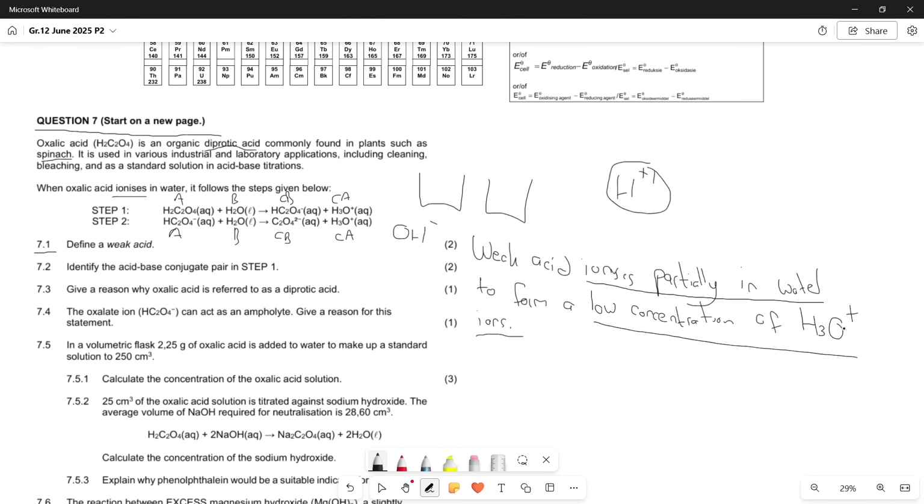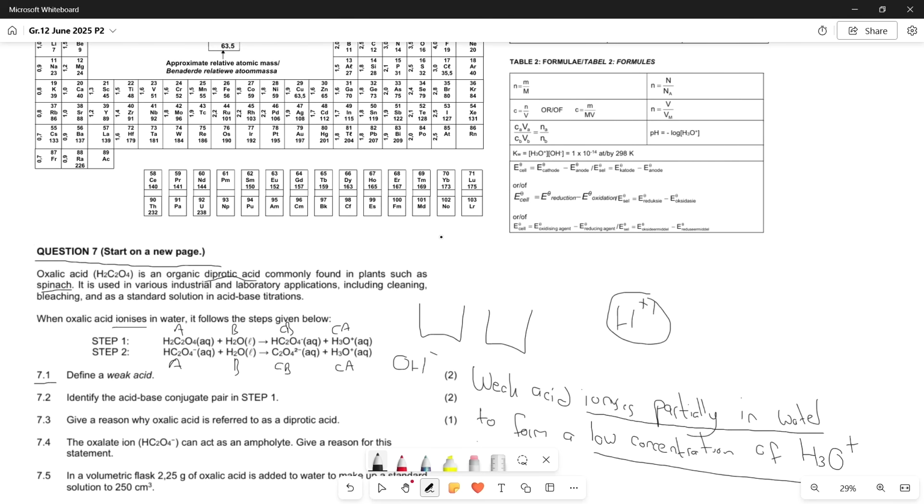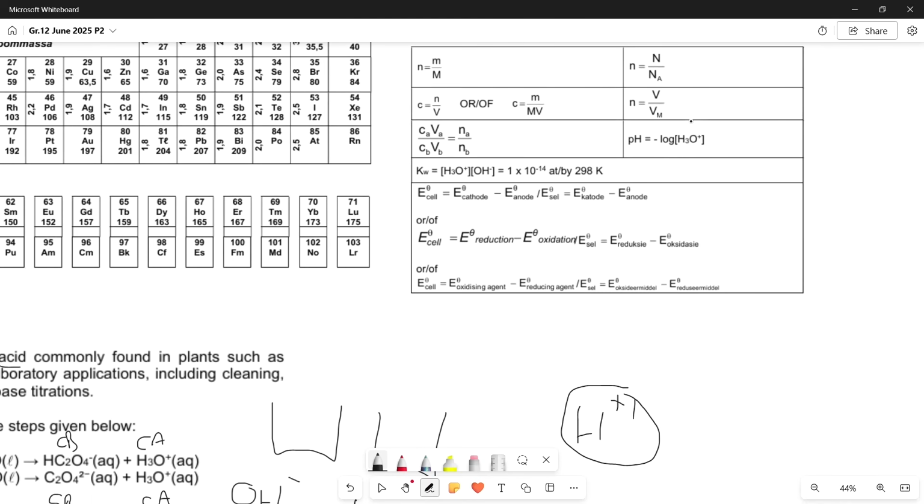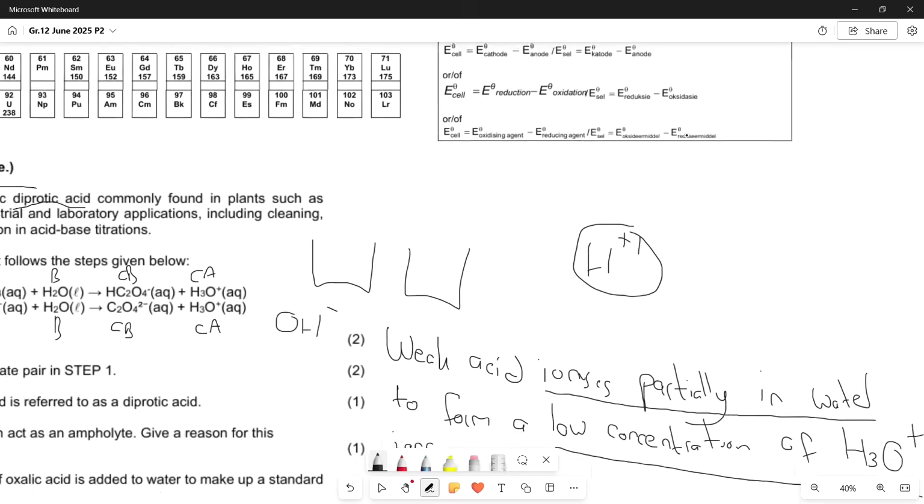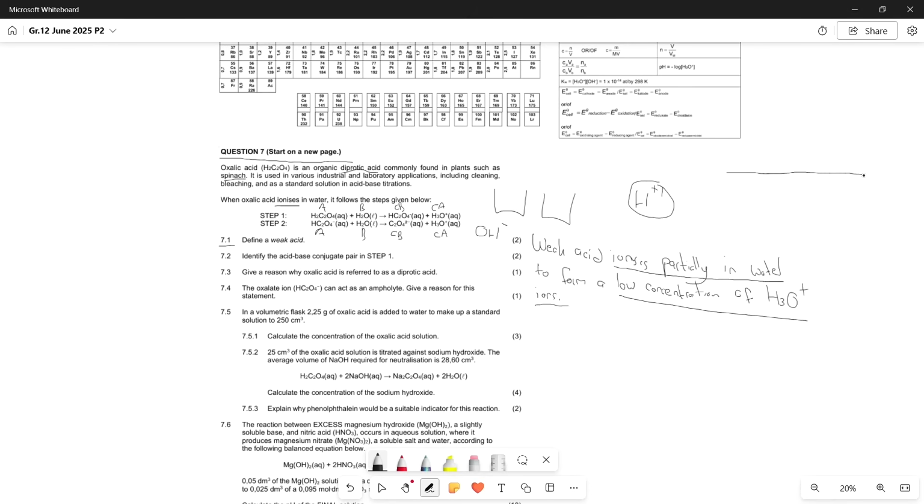And then a low concentration of H3O plus ions has to do with the fact that when we look at pH, we're looking at the concentration of our H3O plus ions, which means they aren't as strong on our pH scale. For example, we have a scale of 1 to 14. Over here at 1, we have very strong acids, and at 14, we have very strong basic solutions.